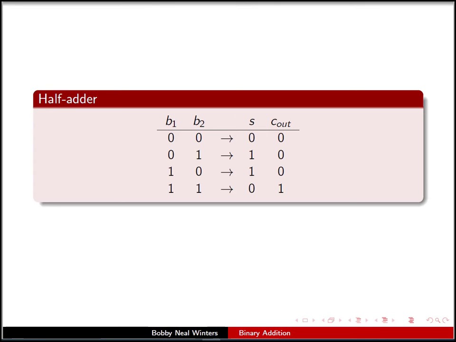What you might have noticed when we were doing our binary addition is that the case in the first 2 bits that we're adding together is different because there's not a carry in. On that, you just combine the 2 digits and you put down either a 0 or a 1 as appropriate.